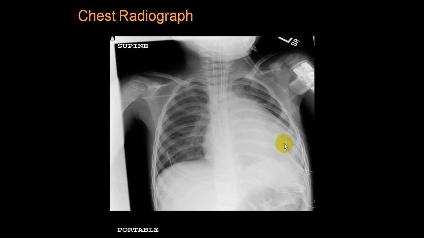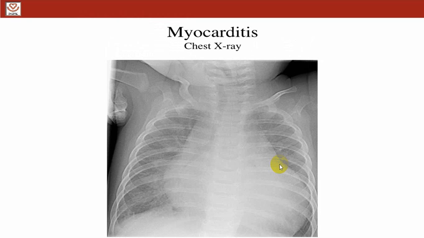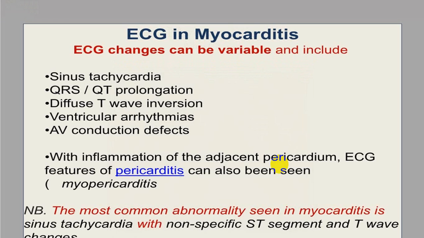So again dilatation. You can see this is dilatation. ECG, we have told you sinus tachycardia, QT prolongation, T wave changes, ventricular arrhythmia, conduction disturbances, bundle branch block, etc. can happen. If there is a myopericarditis, you can have changes of pericarditis in ECG.